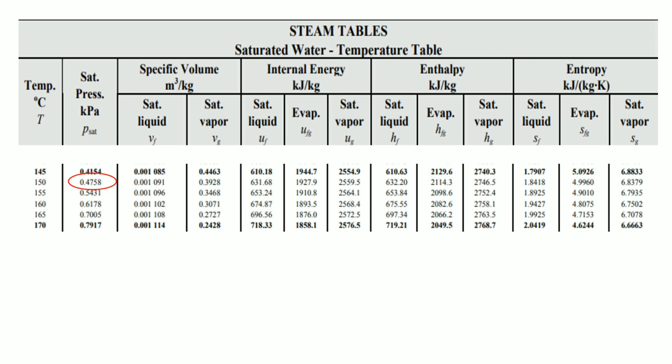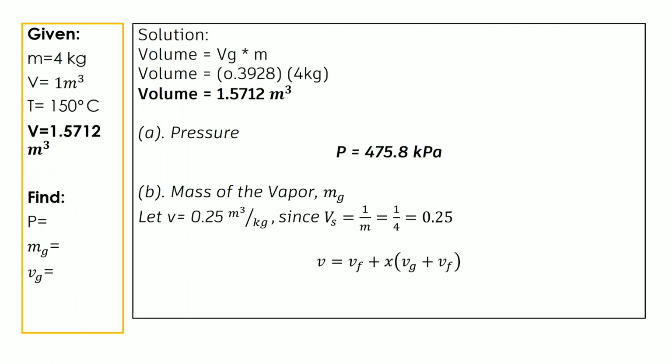So as we go back to the steam table, at 150 degrees Celsius heat addition, the corresponding saturated pressure is 0.4758. So here we have the pressure 475.8 kilopascals, since we just converted it to kilopascals from 0.4758 to 475.8 kilopascals.